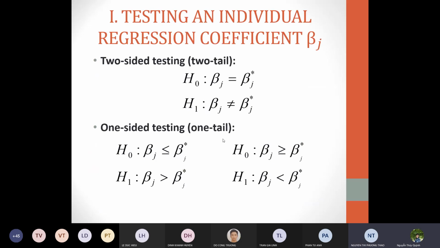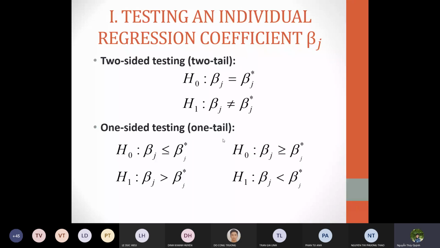All right. Now let's talk about the hypothesis testing for an individual regression coefficient beta j, with j from 1 to k. It can also be 0 to k, so you can also test the intercept. But usually we want to test the regression coefficient, the slope, because it shows the individual effect of the independent variables on the dependent variable.